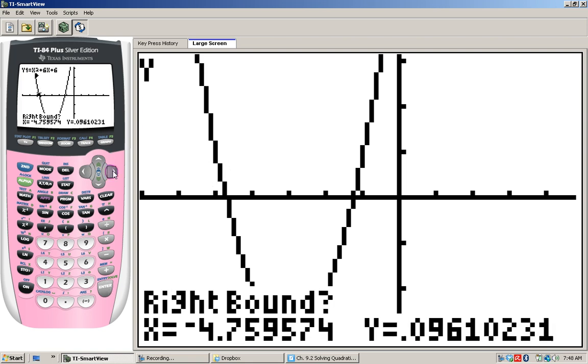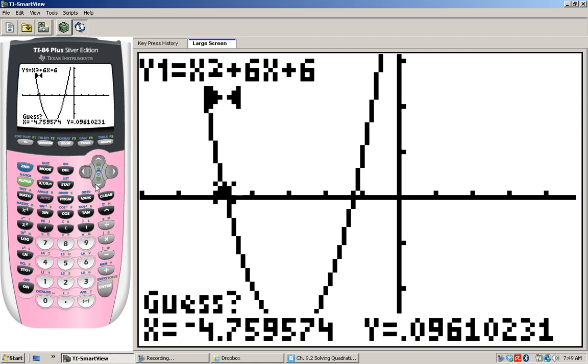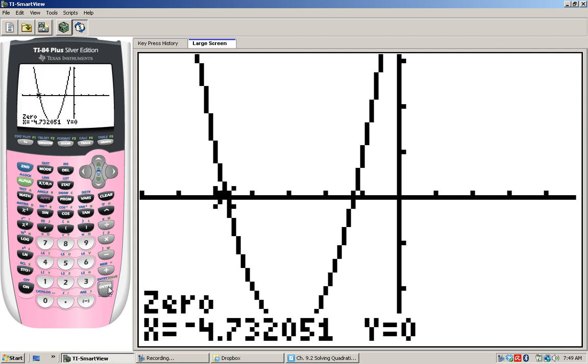We go to the right of our intercept; again, left and right are x values. Then we hit enter for our other boundary. Then we click somewhere around what we think it is, to guess, to give the calculator some help. The calculator sees that we have the other 0 at negative 4.73. Since we're rounding to the nearest tenth, that would be negative 4.7.